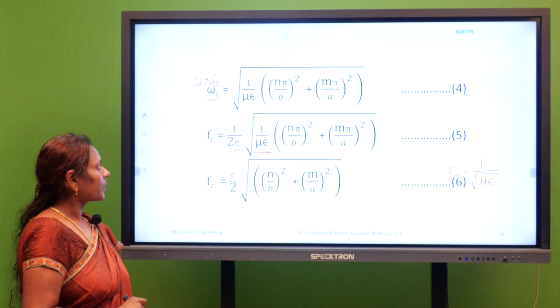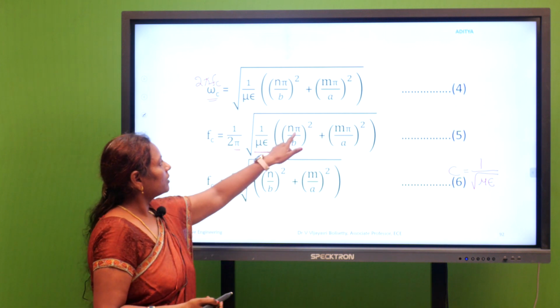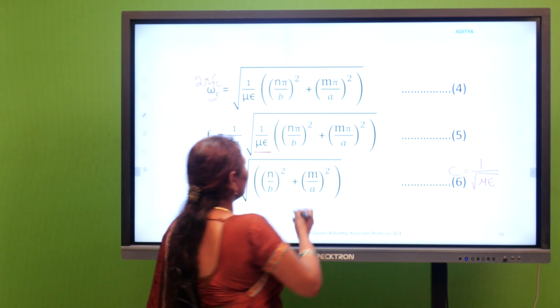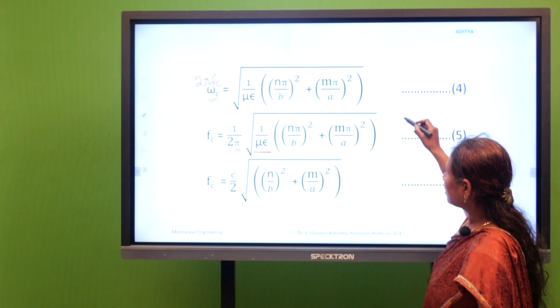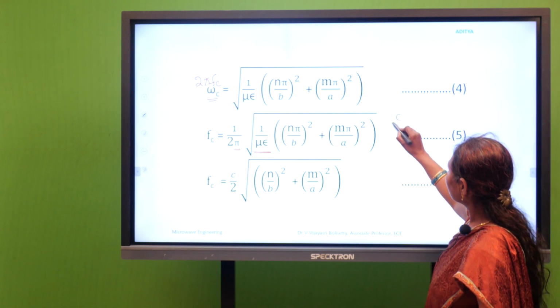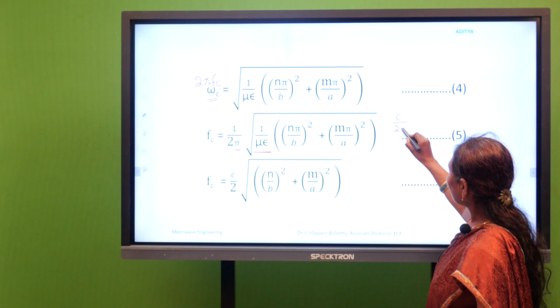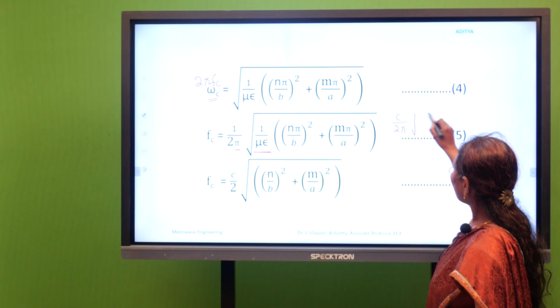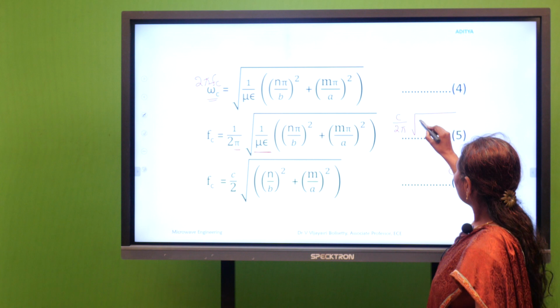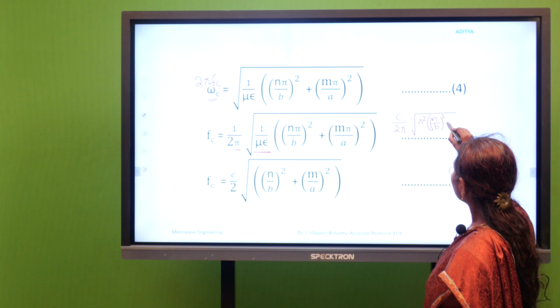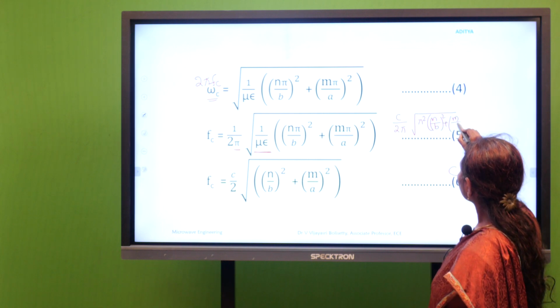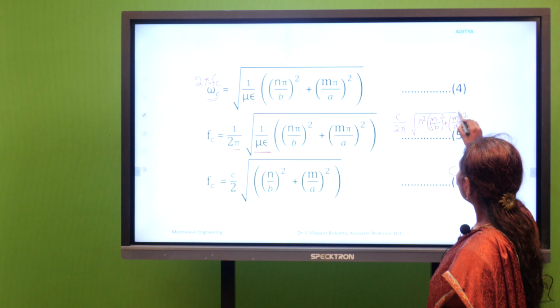Okay. So that means if you take this pi as common and write this 1 by root mu epsilon as c, you will get c by 2 pi root of, if I take pi square as common, n by b whole square plus m by a whole square.